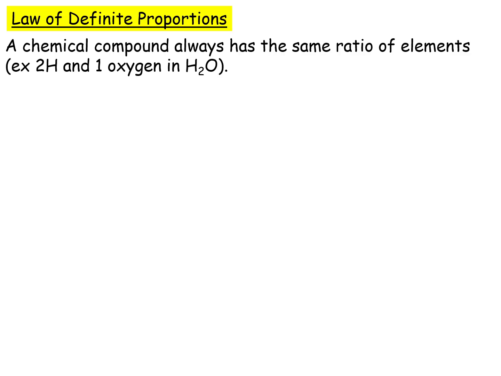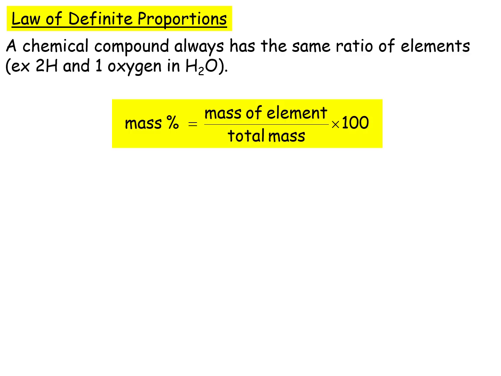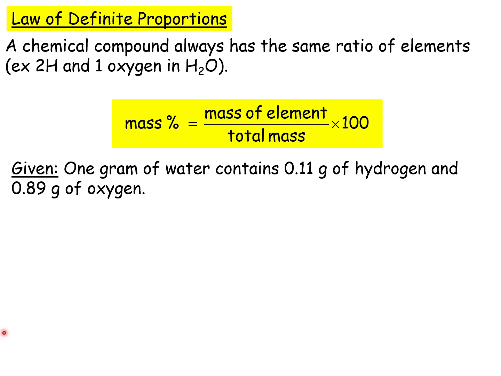So if we look at the mass percent of hydrogen and oxygen in water, in general, whenever you determine percent of anything, it's going to be the part that you're interested in, in this case the mass of the element, divided by the total mass, times 100.